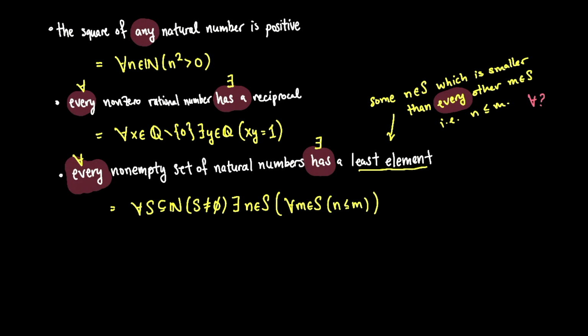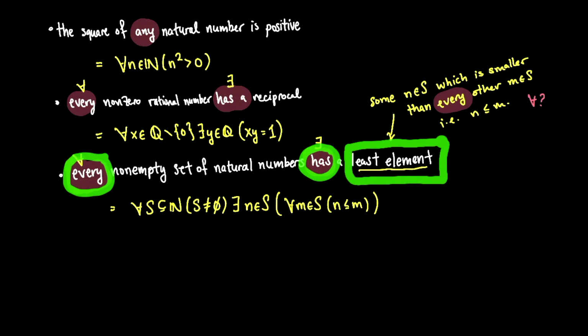So see, you have to be able to tell when you need a universal quantifier. Like in the original reading of the sentence, it just says every non-empty set of natural numbers has, so I have two quantifiers, but then you have to kind of interpret the word least and realize that that word itself has baked into it another quantifier, another universal quantifier.